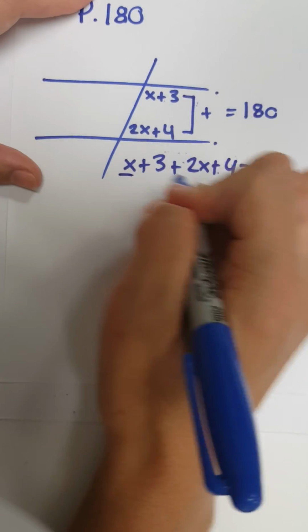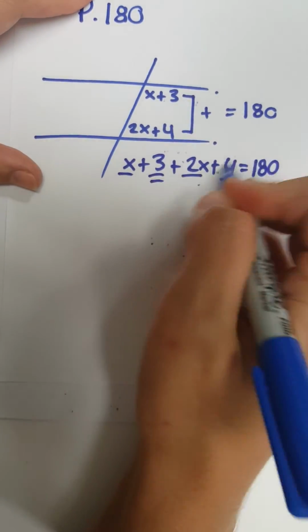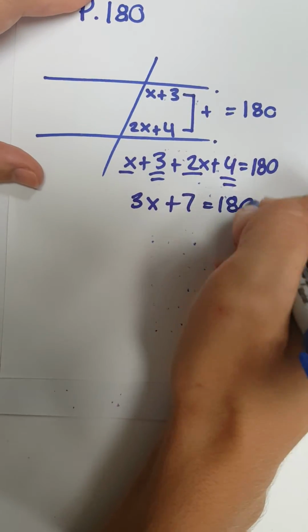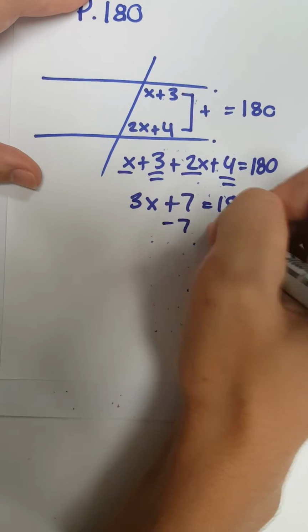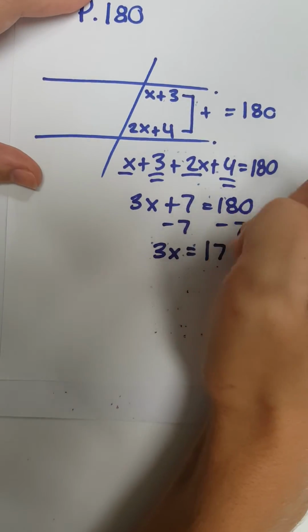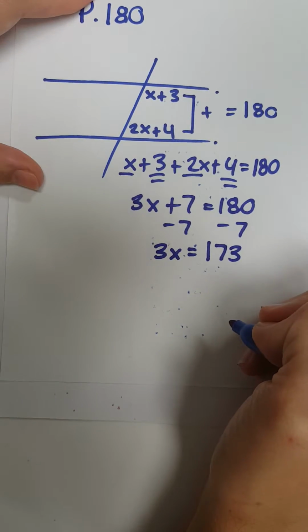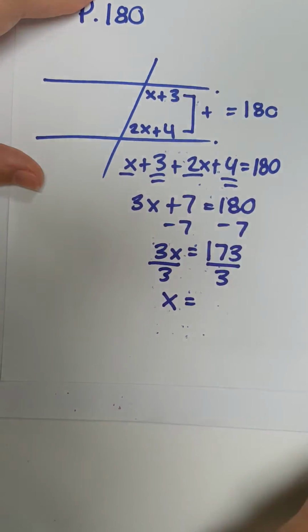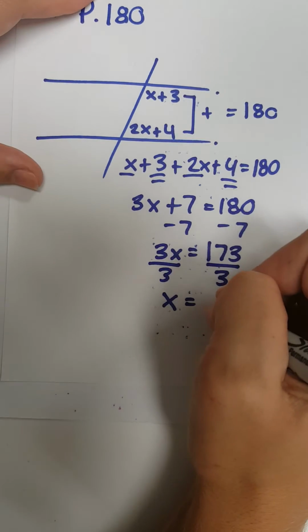From here, you know what to do. Combine like terms. X plus 2x is 3x. 3 plus 4 is 7 is equal to 180, minus 7 from both sides. 3x equals 173. Well, that's not divisible by 3. That's okay. X equals 173 over 3. Sure, we can say that.